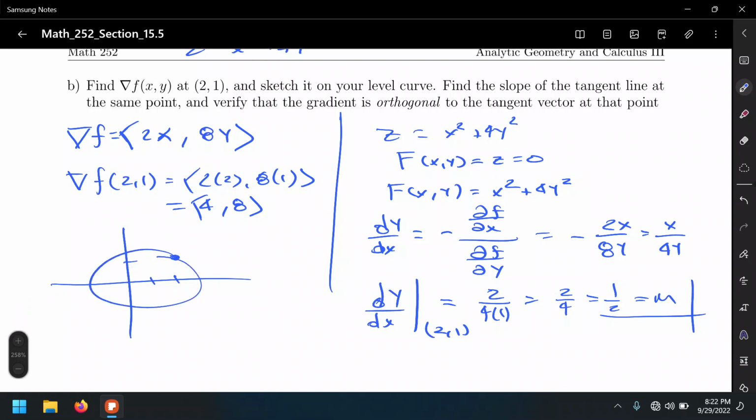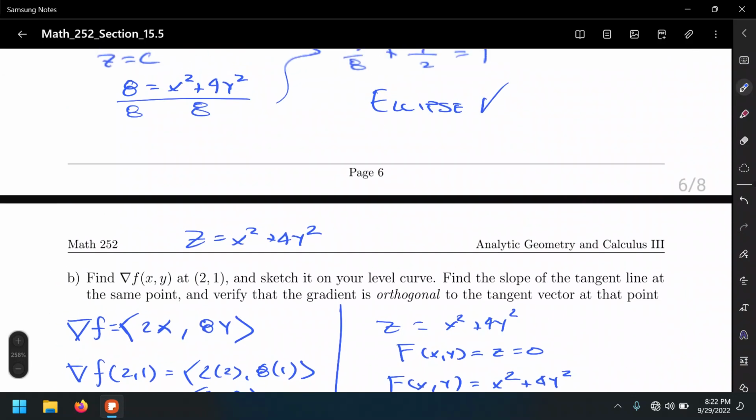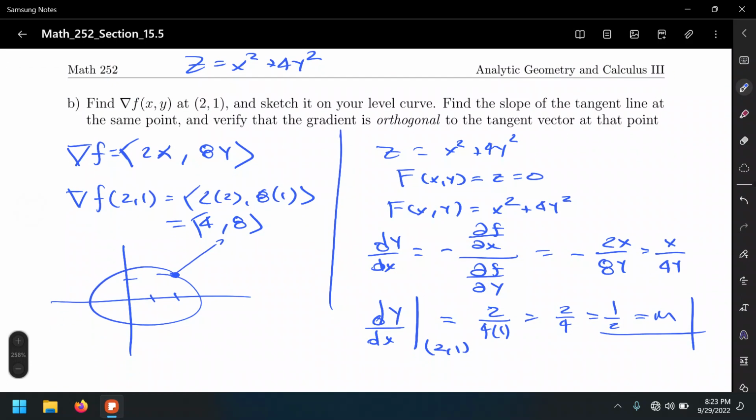And we are going to have the vector 4, 8, and it's going to go in this direction. Recall that the vector goes out of the level curve. Now, let's verify that the unit vector in this case, did we get the unit vector? No, I don't think we got that unit vector.